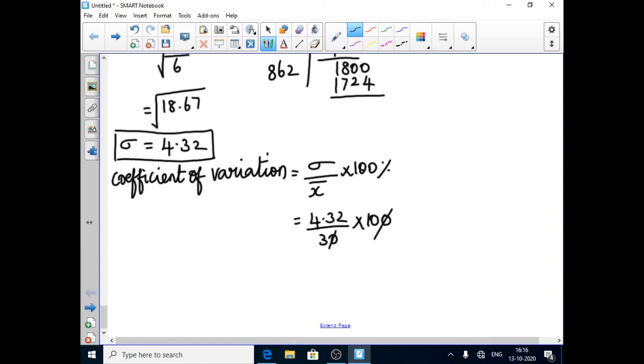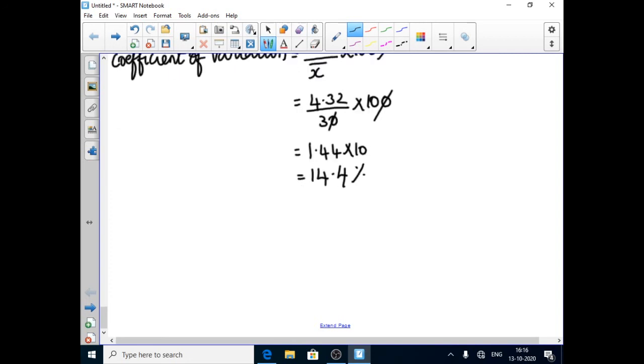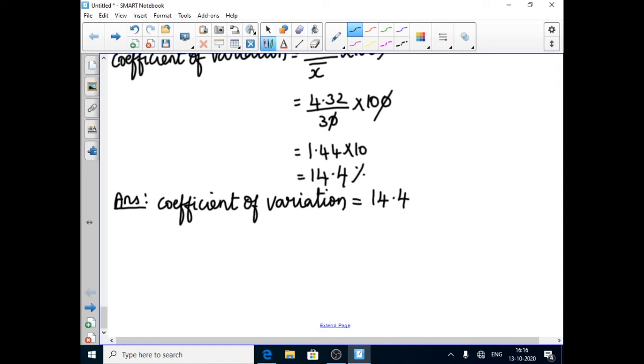So cancel a 0, multiply and divide, 1.44 into 10. So this can be written as 14.4%. Answer: coefficient of variation is equal to 14.4%.